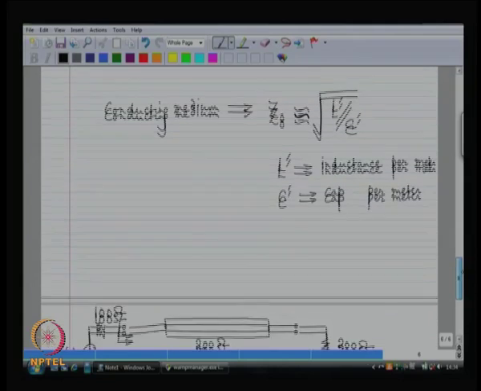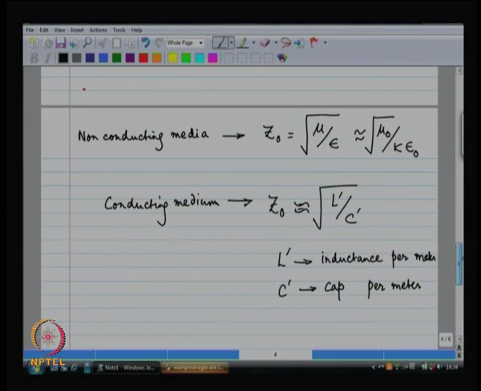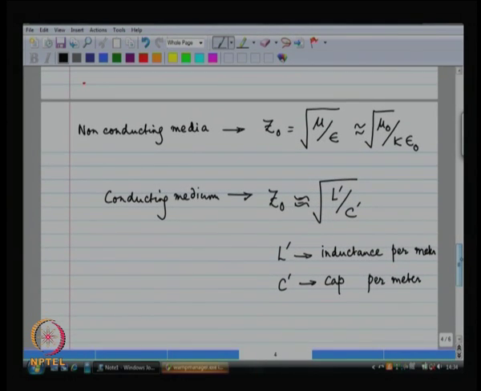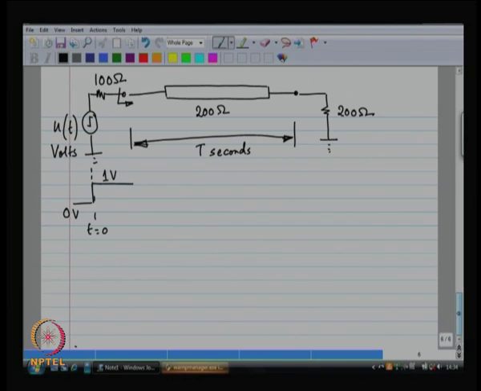As you see, it is probably coming from a formula like the square root of mu by epsilon, or the square root of L prime by C prime. One of these formulae leads to the characteristic impedance. So, we have launched this wave, and this wave does not know what is on the other side of the transmission medium. To the wave, the transmission medium appears to be an impedance of 200 ohms.